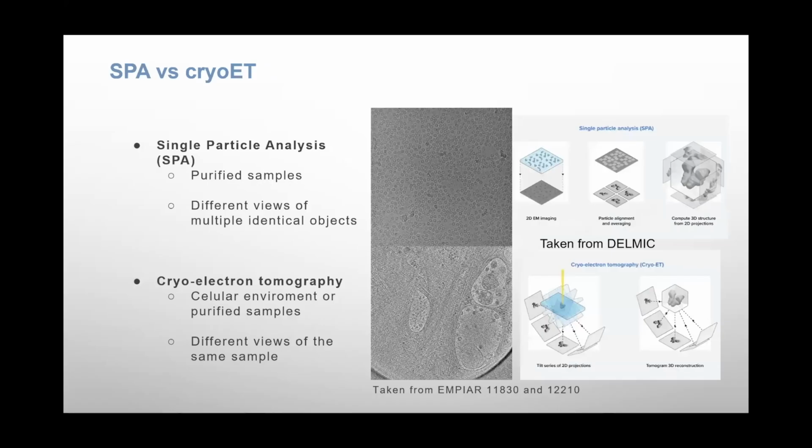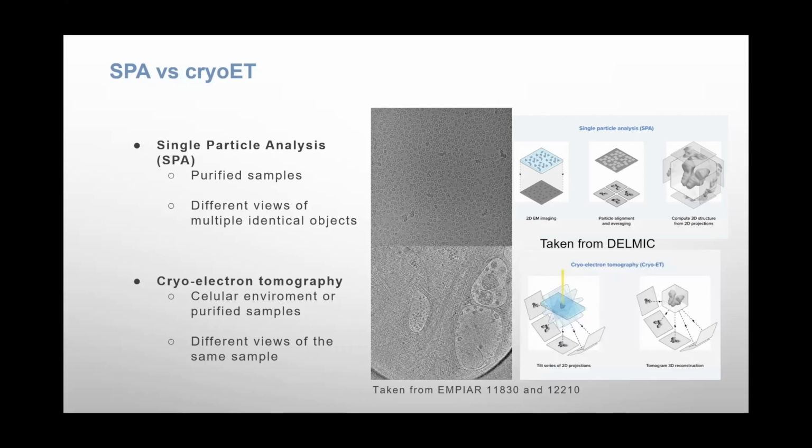So that said, there are two main techniques, which are single particle and cryo-electron tomography. And I like to see this difference between them. In single particle, we have a sample that is purified, and the images contain multiple views of identical objects, but from multiple points of view.